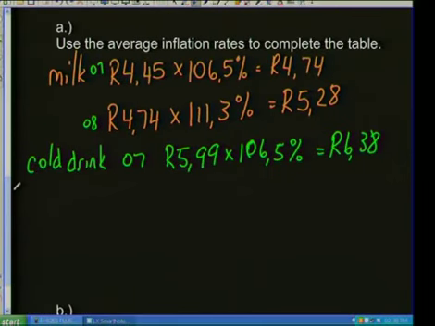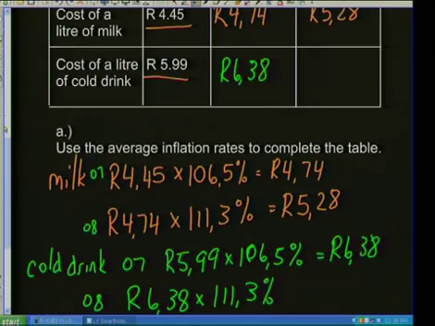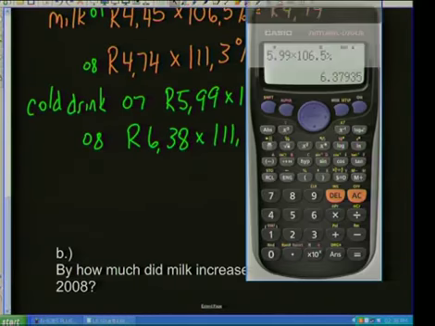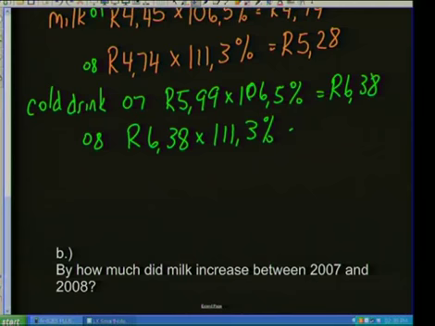And then finally in 08, we now take our R6.38 and we times that by 111.3%, because it was 11.3% increase. So my calculator, 6.38 times by 111.3%, and we get an answer of R7.10. Don't forget money, 2 decimal places. R7.10.